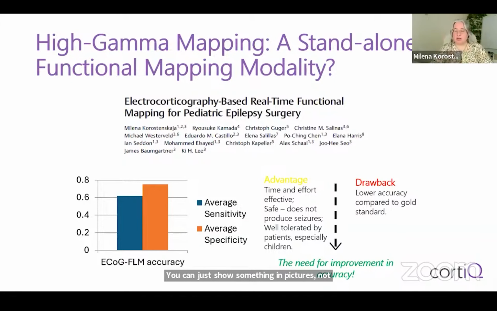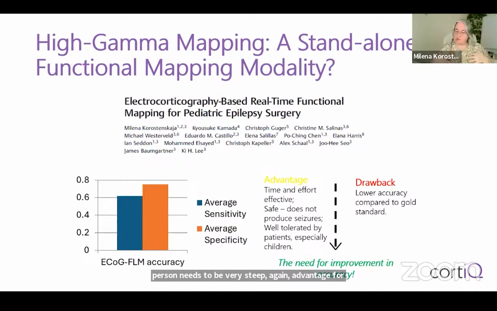So that is one strength of high gamma mapping, that you are very flexible. It doesn't need very stringent settings. For example, in fMRI, the person needs to be very still. Again, that is an advantage for children, especially who cannot be very still in fMRI.